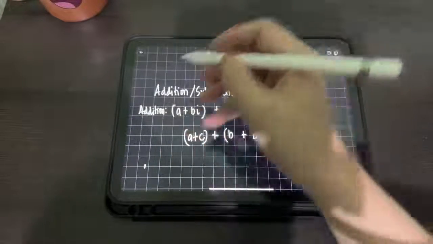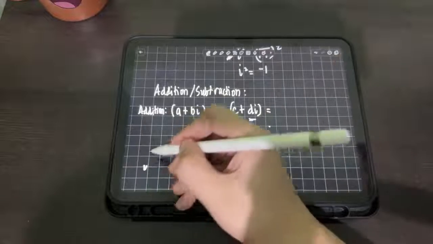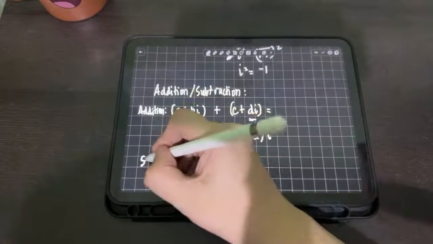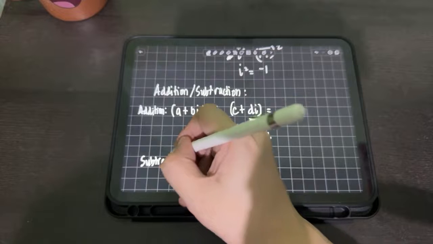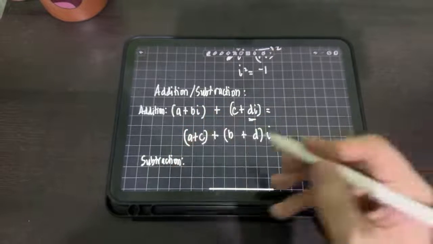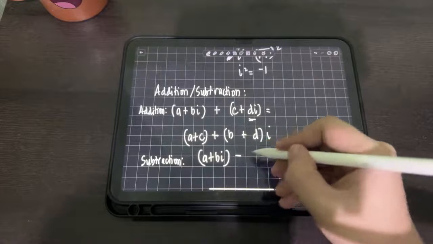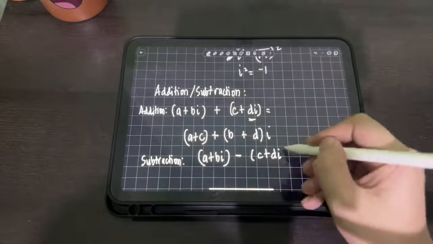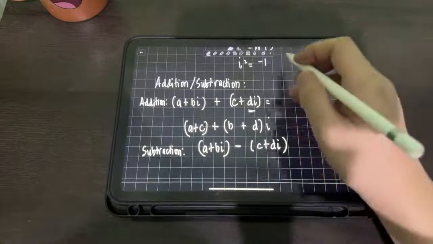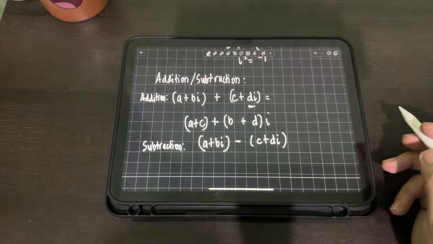Next, for subtraction, we have a plus bi minus c plus di. So we need to subtract like terms.